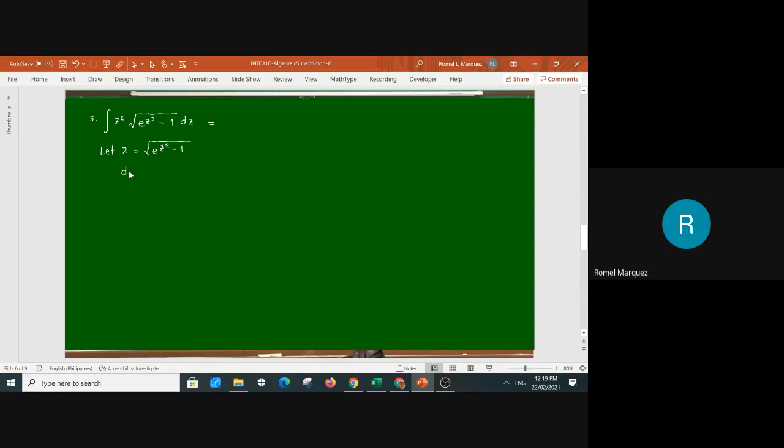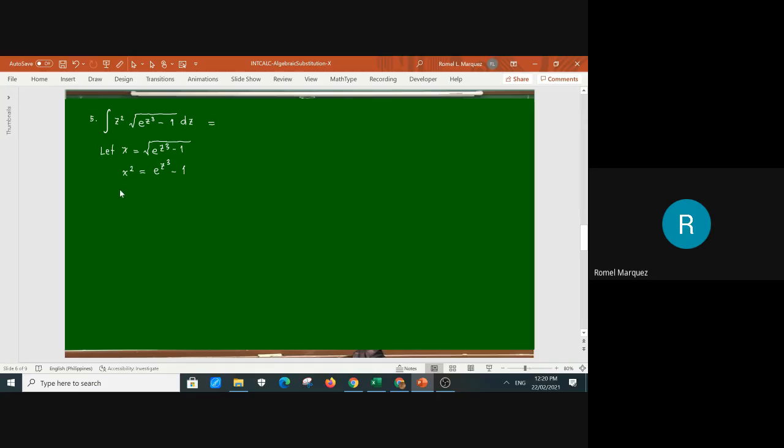So we have x squared equal to e to the z cubed, then minus 1. Sir, isn't it z cubed? Cube, sorry. Thank you. If you see mistakes as I write, inform me at once.